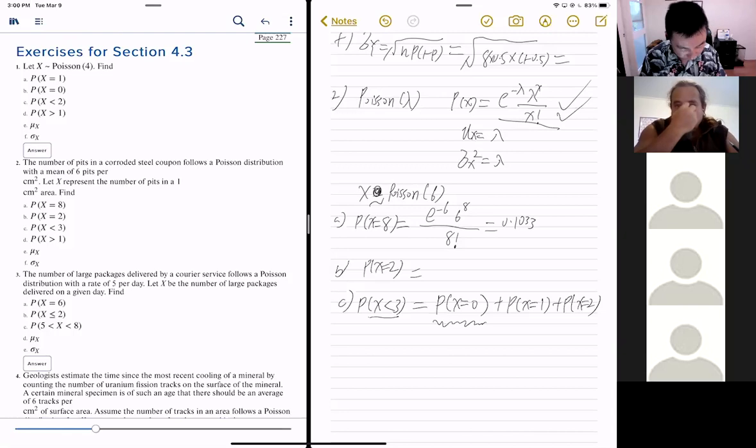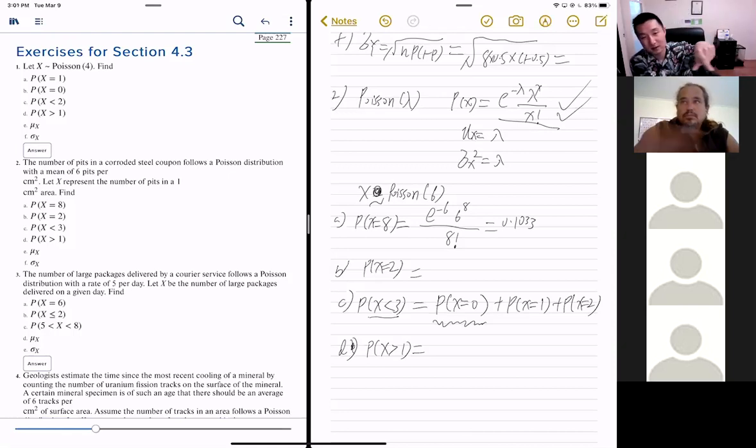That's part C. Part D. So D is asking P(X larger than 1). Remember, X is the number of pits in a 1 square centimeter area.